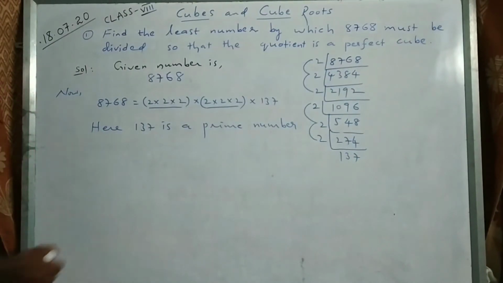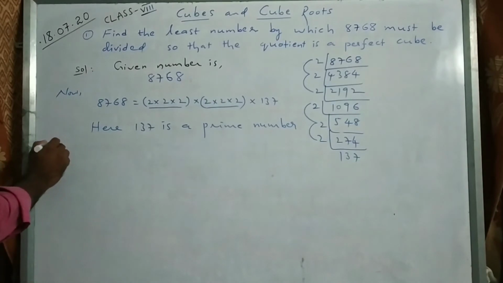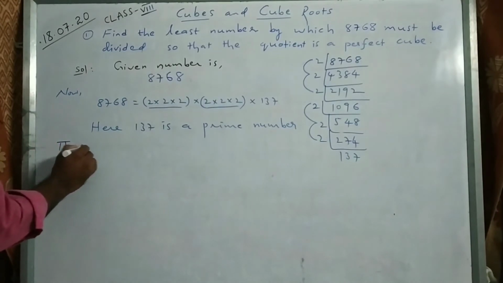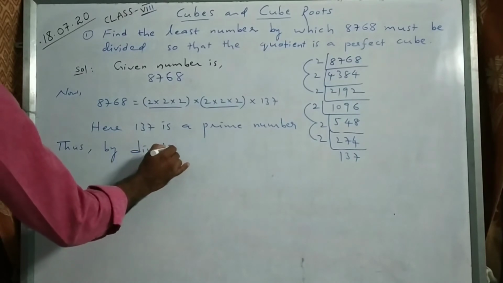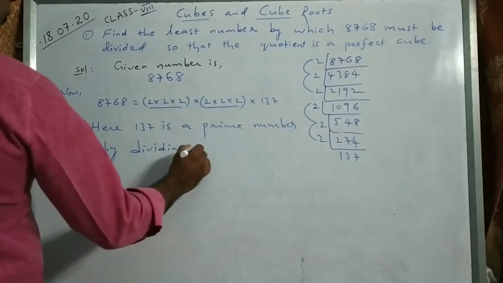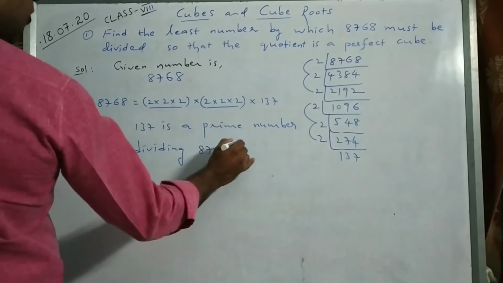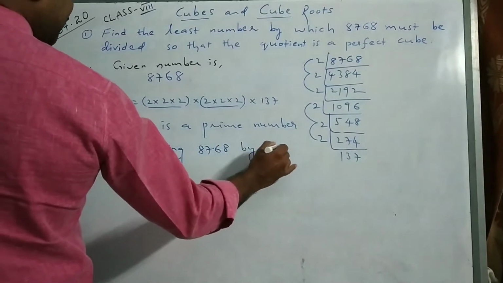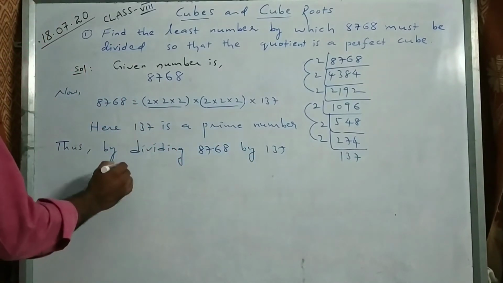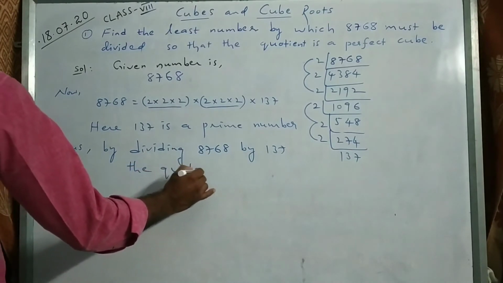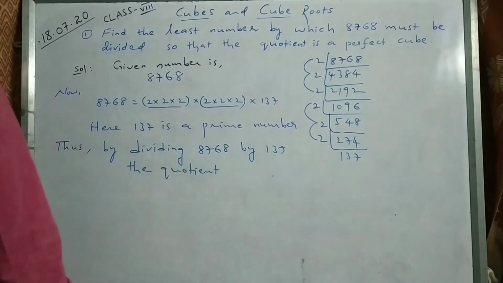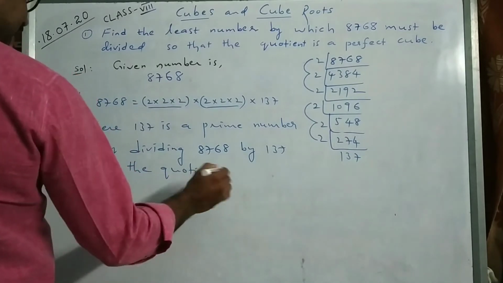So by what number do you have to divide? Thus, by dividing 8768 by 137, the quotient is a perfect cube.